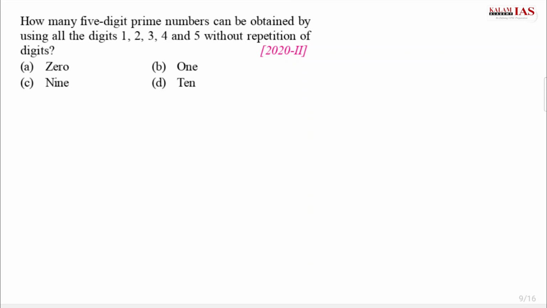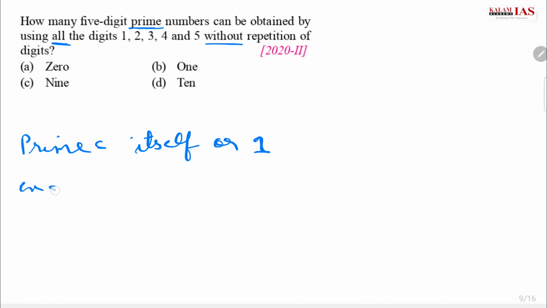In this question, they are asking how many 5-digit prime numbers can be found using all the digits 1, 2, 3, 4, 5 without repetition of digits. Now, what is a prime number? A prime number is a number which is divisible by either itself or 1.